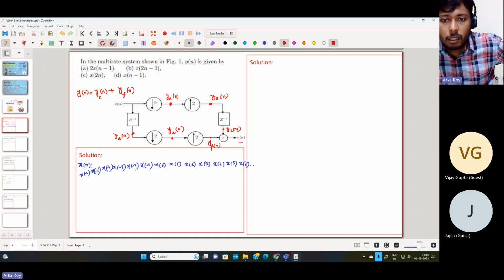This is the starting point, which I have indicated with this arrow, with the right hand side and the left hand side.